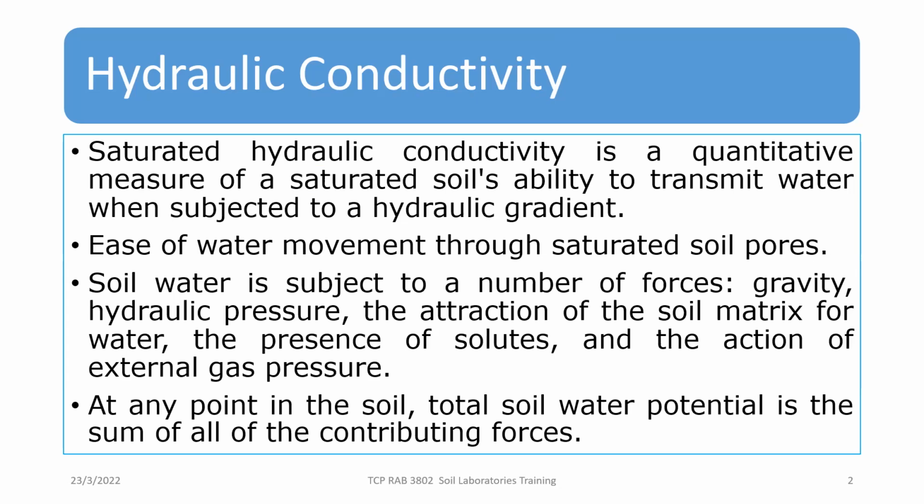The presence of solutes and the action of external gas pressure. At any point in the soil, total soil water potential is the sum of all the contributing forces: gravity, hydraulic pressure, the soil type.